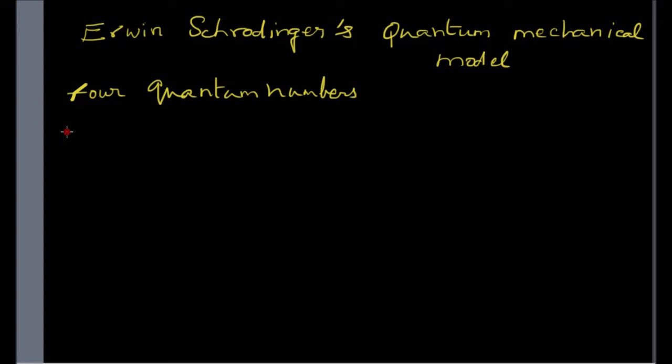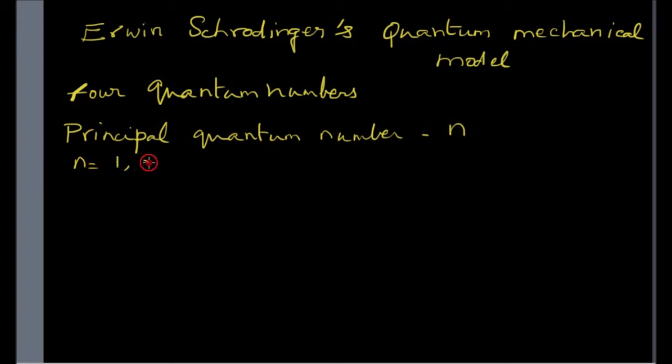So the first of the 4 is called principal quantum number. It is denoted by the letter n, and it can have values 1, 2, 3, etc. As you can guess, the one closest to the nucleus will have n is equal to 1, the second one will have n is equal to 2, etc. It gives you an idea about the size of the orbital.